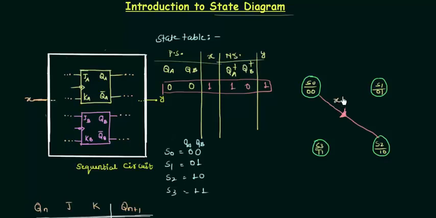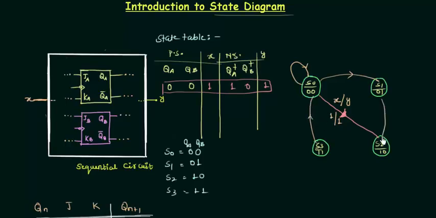So X slash Y. X is my input, Y is my output. This is the way to show the input and output in my state diagram. So the input was 1 and output was 1 as well. Similarly, we can check for the rest of the cases, and we can make our state diagram. It will look something like this.